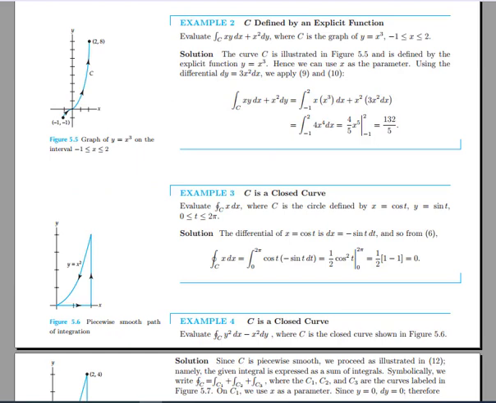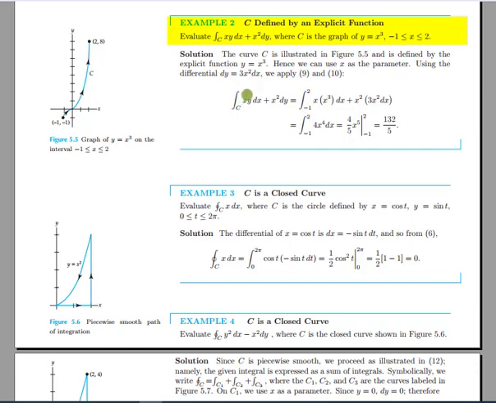Now for explanation, we look at these examples. In example 2, C is defined by an explicit function. That is, y equals x cube and x ranges from -1 to 2. So, replace y in the integral with x cube and integrate from -1 to 2.